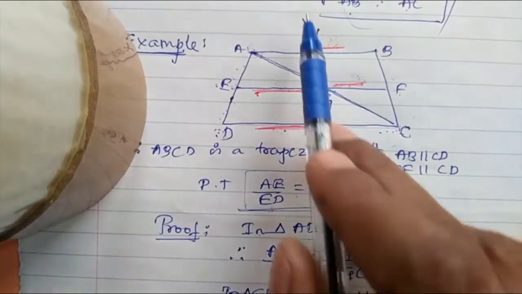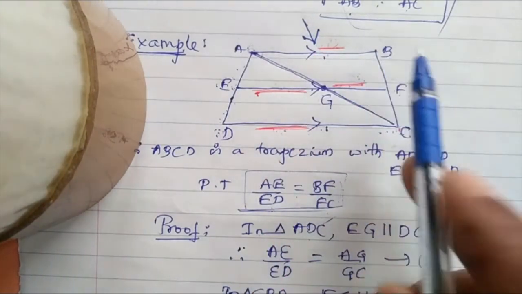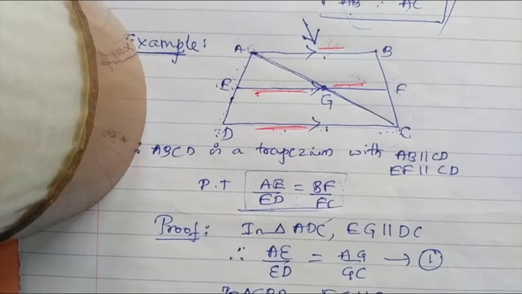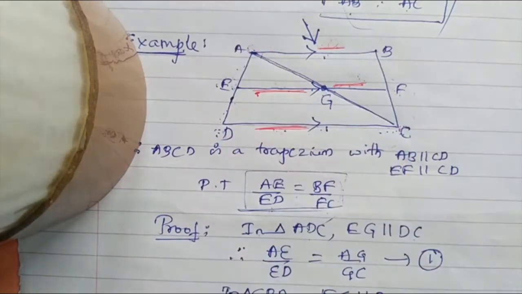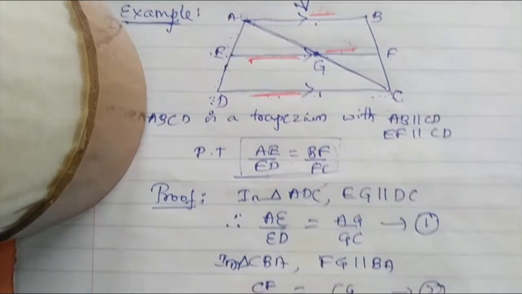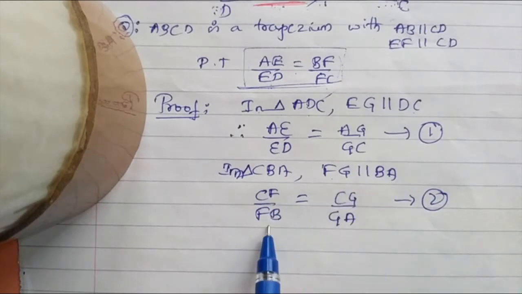This diagram you have to observe from top to bottom. CF by FB is equal to CG by GA. Write equation 2. So in triangle CBA, FG parallel to BA, so CF by FB is equal to CG by GA.